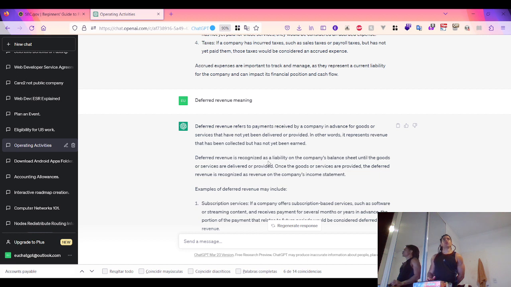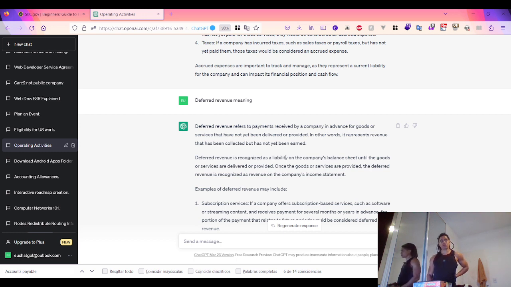So deferred revenue is considered a liability even though you have collected payment, because you have to provide the goods and service.